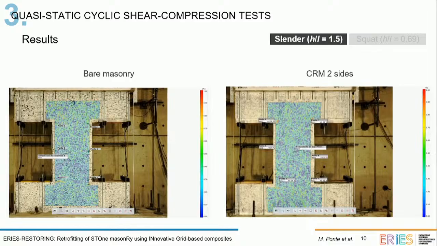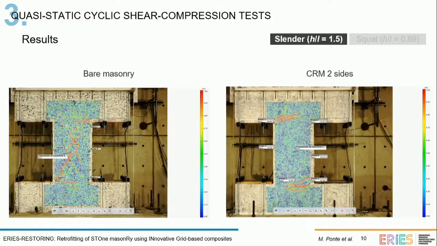Here are the results with the DIC, the digital image correlation, for the slender specimens with the bare masonry configuration and the CRM on two sides. The good thing about this technique is that we can identify the onset of cracking that we cannot see with the naked eye during testing.